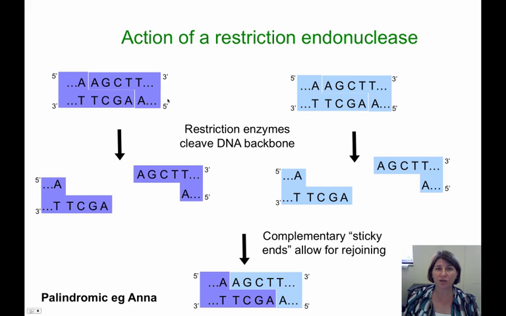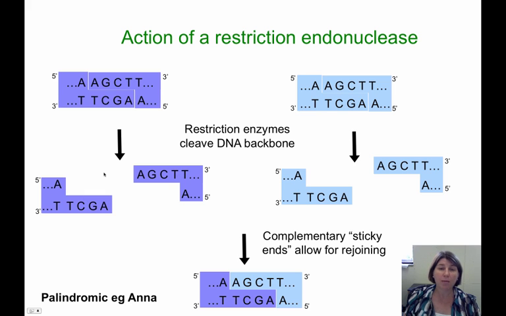What HinD3 does is recognise this sequence and then specifically cut the DNA backbone between these two A's on each strand. Now what that means is that if we break apart the hydrogen bonds between these bases in the middle, we end up with 2 fragments of DNA. Each of those fragments has a 5' overhang of 4 nucleotides, TCGA.